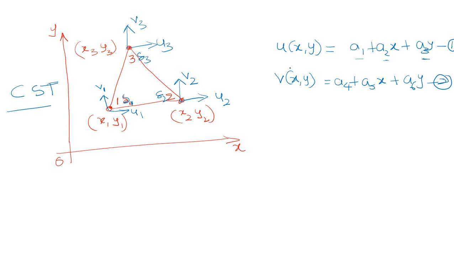Now we know the polynomial equations, and we know its nodal conditions, because each node has its own coordinates as well as displacement components.